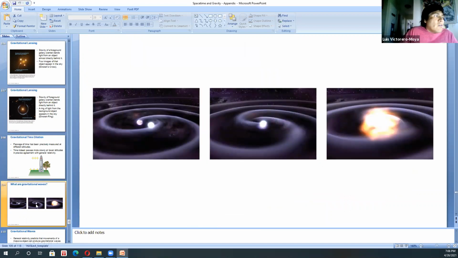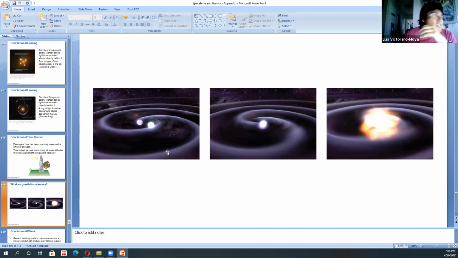Now, I told you last class that we normally find clusters and binary systems, right? Hence, you can have two neutron stars orbiting each other. But they don't orbit each other forever. Look what happens. They eventually merge in a big explosion.